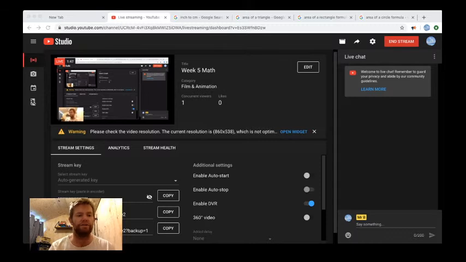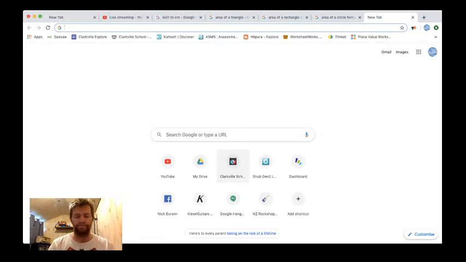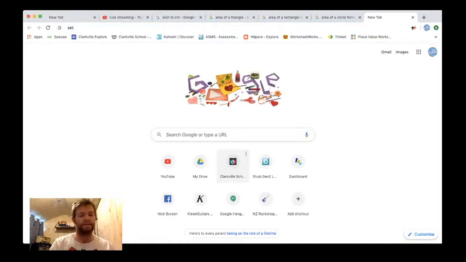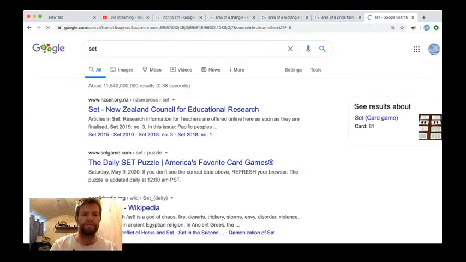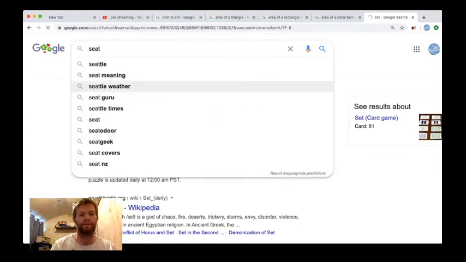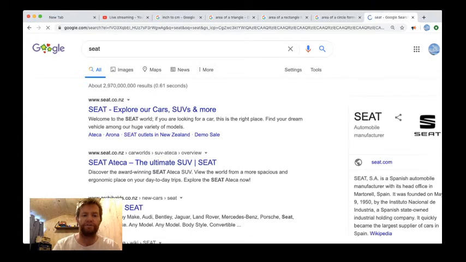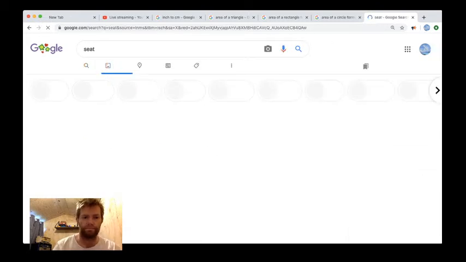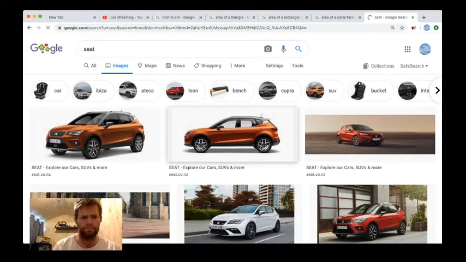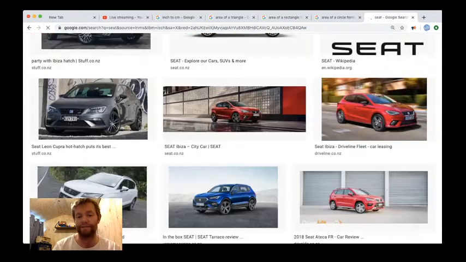A seat is 2 rectangles back to back. I might go on YouTube. Here we go. Seat image. Car seats.